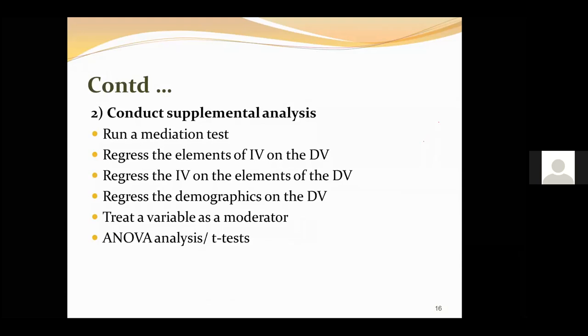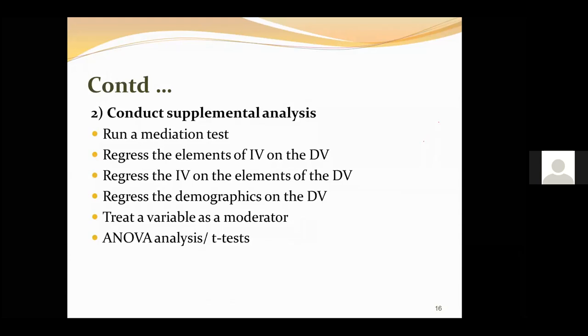Then you may decide to regress the demographics of the firm. That is if you didn't run a hierarchical regression, because the requirement to run a hierarchical regression is that you must have control variables. So if you didn't regress the control variables, you may go ahead and see.